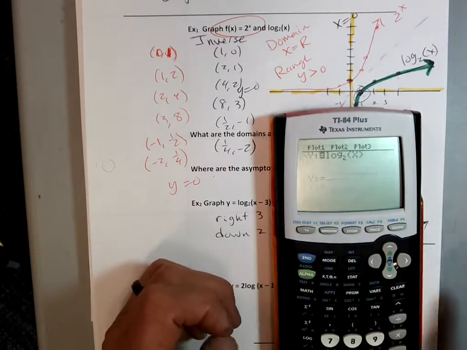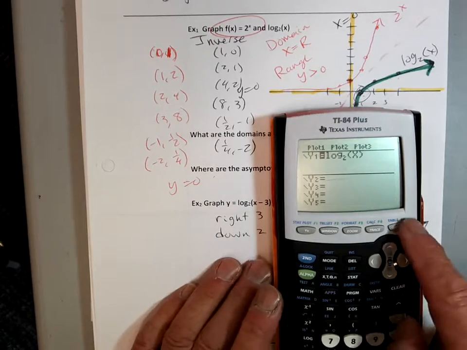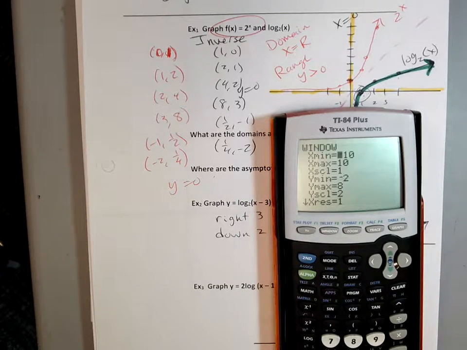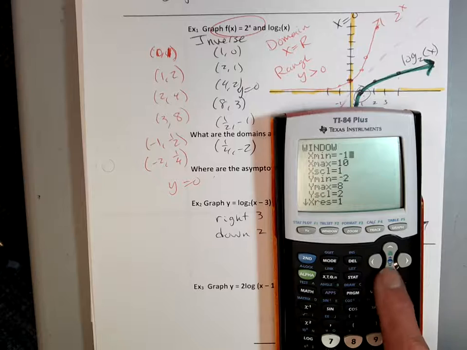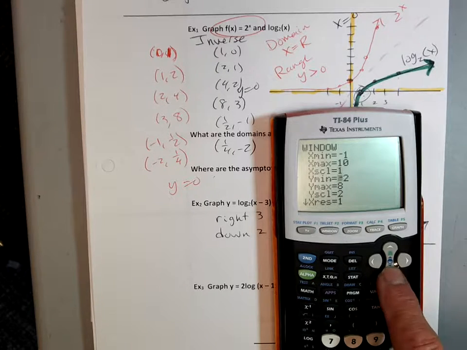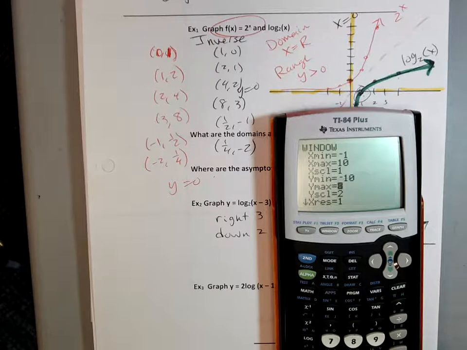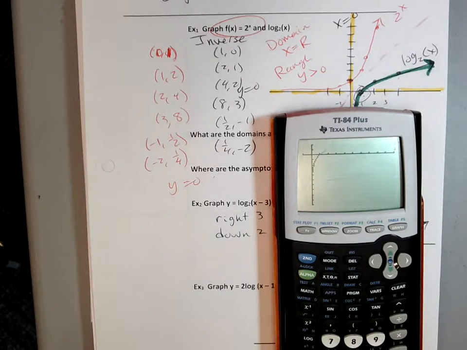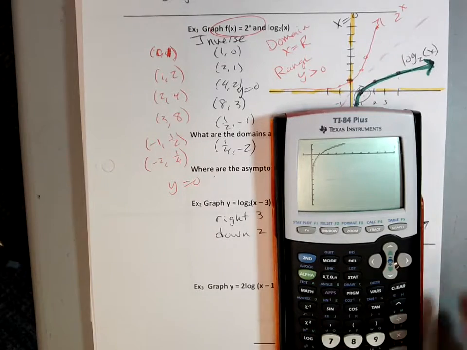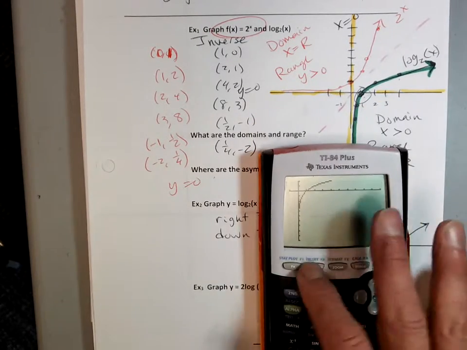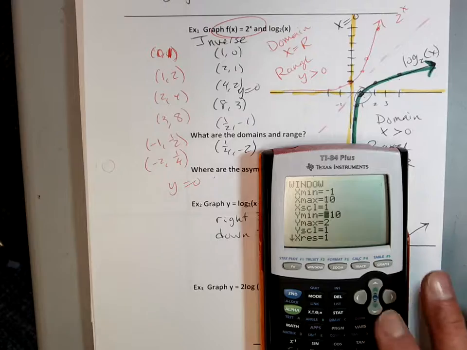Let me go y equals log base 2 of x. And if I'm thinking about the window, how about -1 to 10, scaling by ones, and -10 to 2? I'll go to window and make it a little taller than 2, maybe to 5.